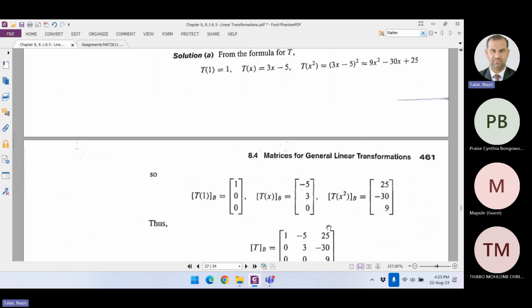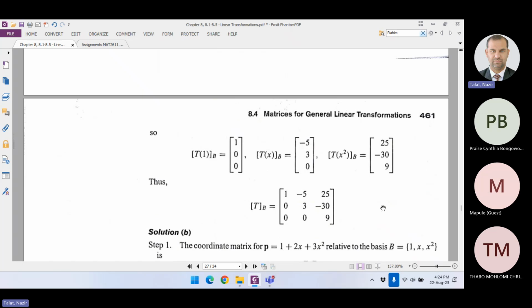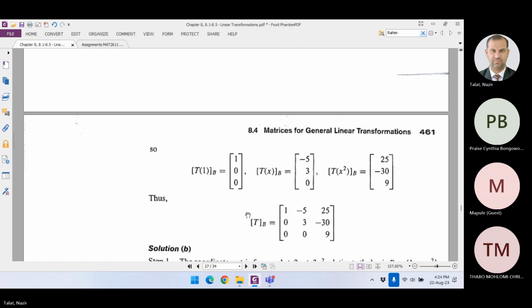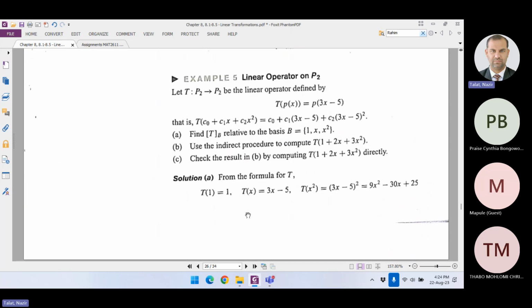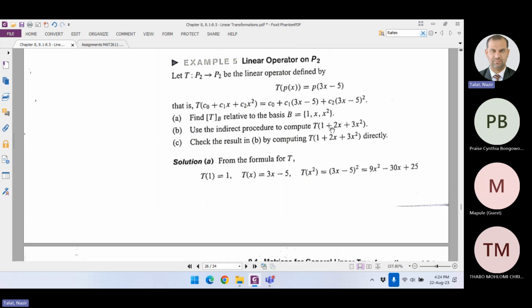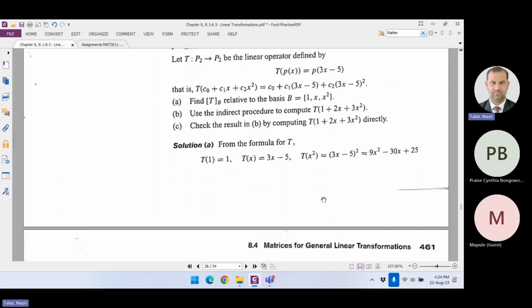And now again, if we combine these, we will get the standard matrix relative to the basis set B, 1, x, x square. So this will be the value for that one. And now, in the next part, use the indirect procedure to compute T of 1 plus 2x plus 3x square.